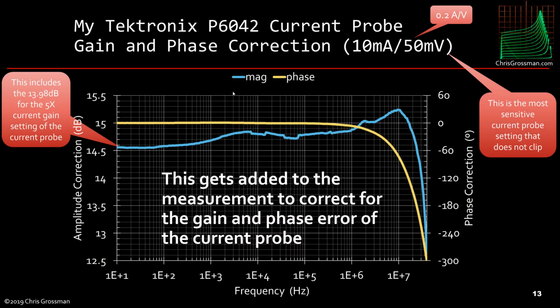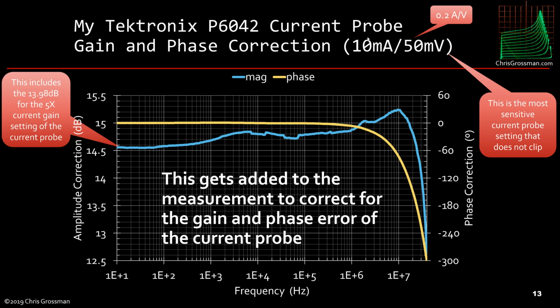So as you saw from that last graph, we want to maximize the signal to increase the range of impedance we measure. So instead of setting the current probe to 50 milliamps for 50 millivolts, like I did before, I moved it down to 10 milliamps for 50 millivolts. I picked this because this is the most sensitive range I can set the current probe on that does not clip.